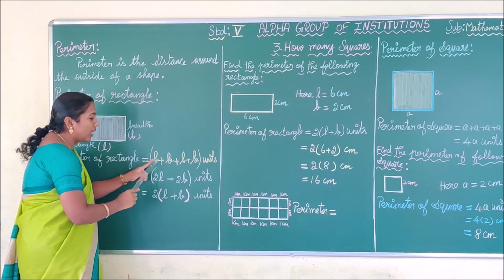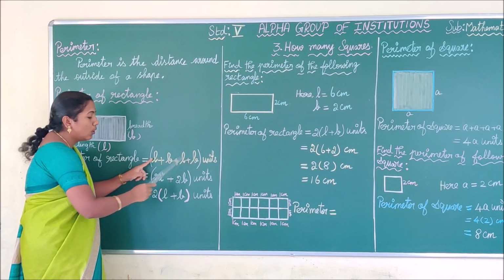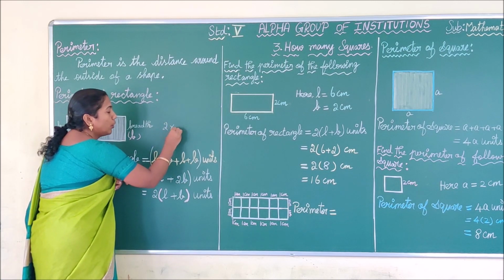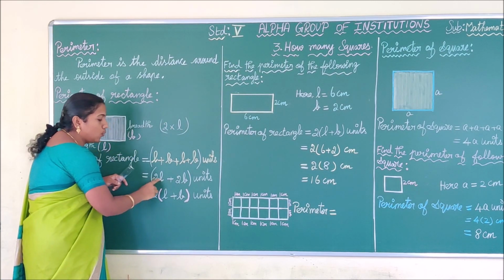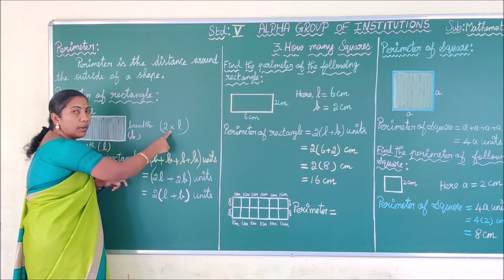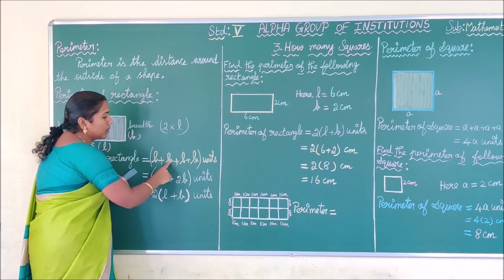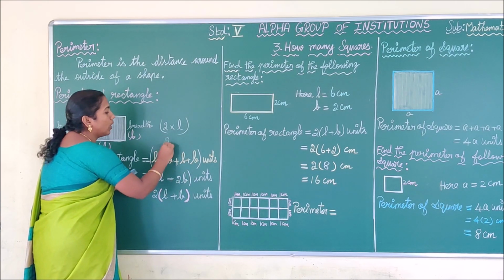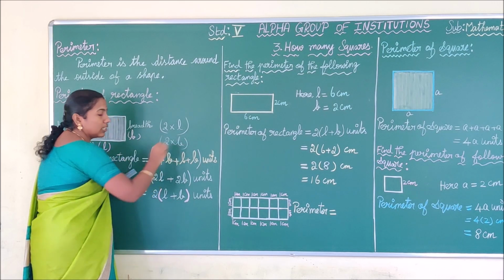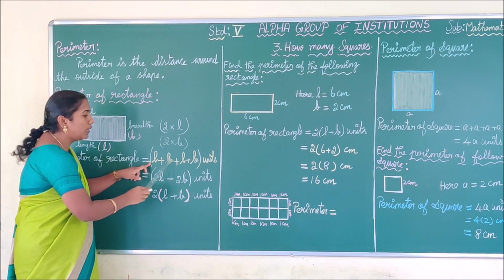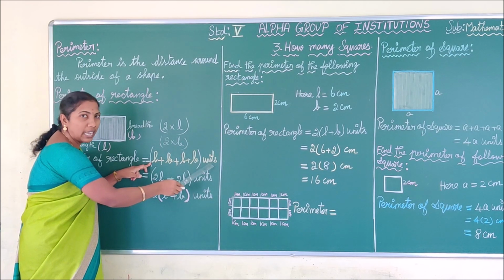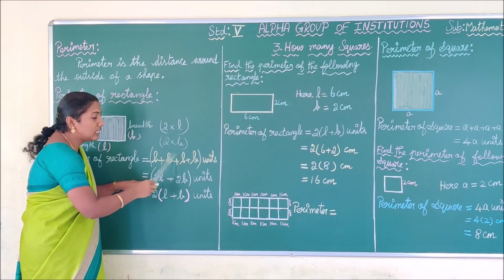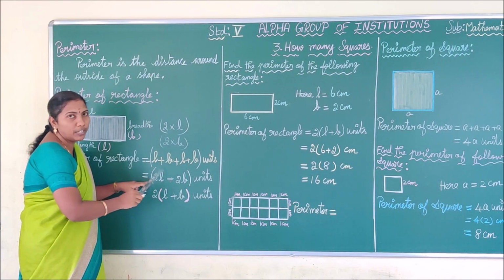That is, we are adding length 2 times, so here we write 2L. 2L means 2 into L; between 2 and L, the operation is multiplication. Remember, children, how many times are we adding B? 2 times. So here we write 2B. Between 2 and B, the operation is multiplication. Thus, L plus B plus L plus B units can be written as 2L plus 2B. Okay, this is the derivation of the formula of perimeter of rectangle.